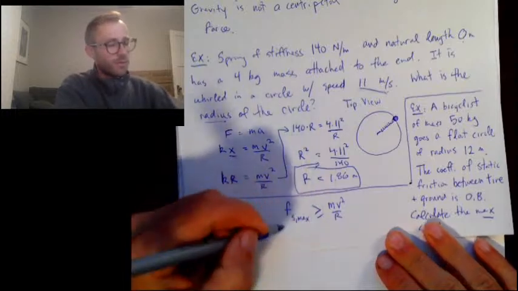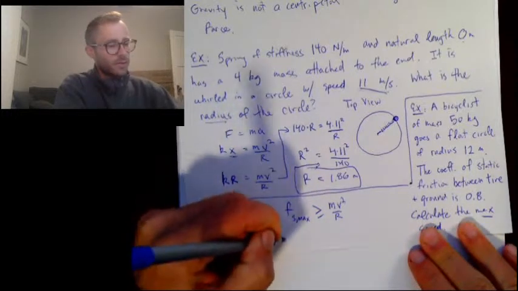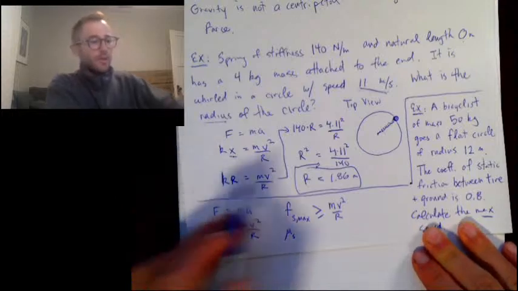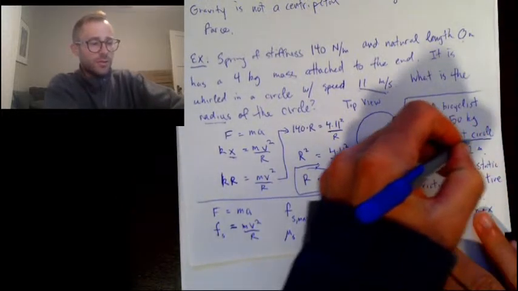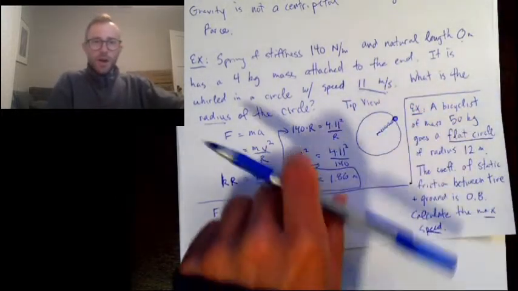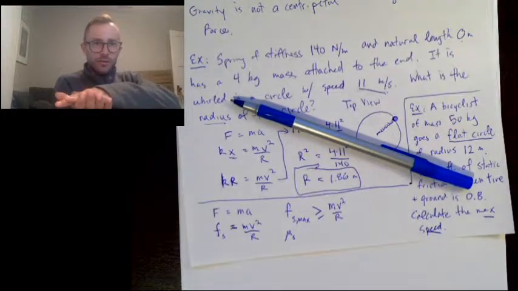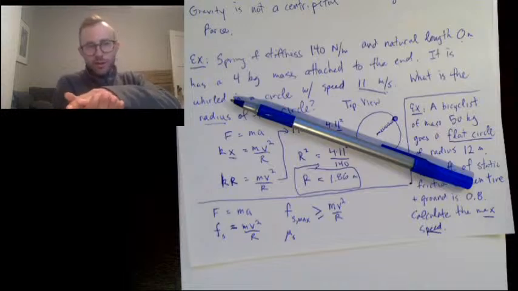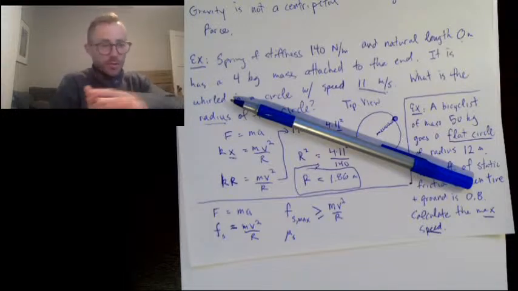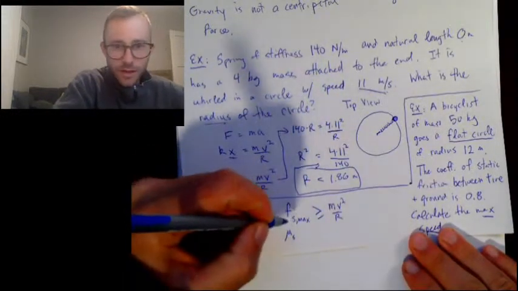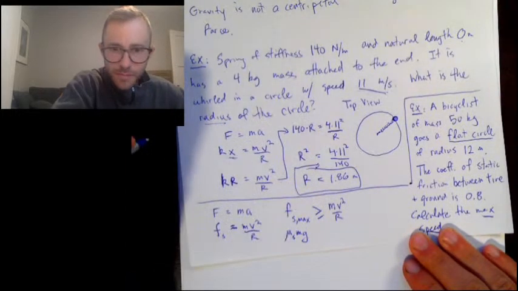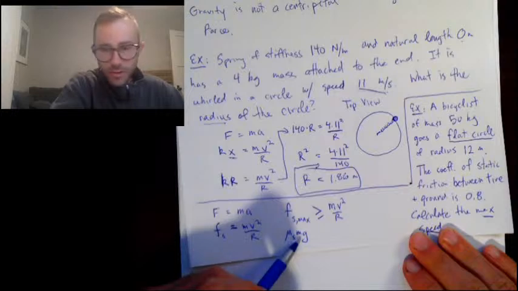Now the formula for maximum static friction is mu sub s times normal. Because it is a flat circle, like a box that's just sitting on a flat surface, the normal force is equal to mg.